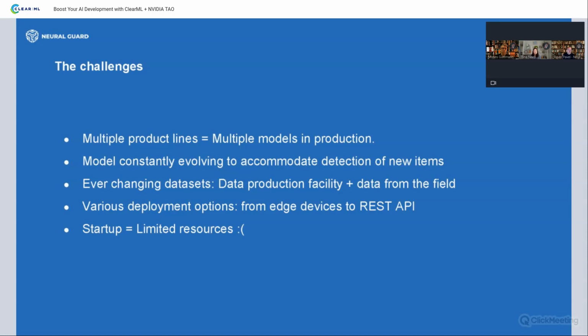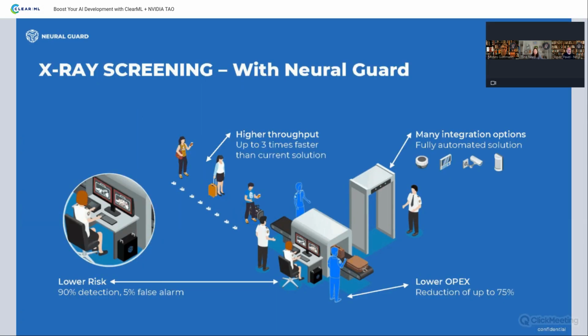Another challenge is that we have various deployment options. At the end of the day, the model can be deployed on an edge device. I'll go back for a second. Here you can see that box. That's a standalone edge device. It's not connected to the network because it's not allowed.